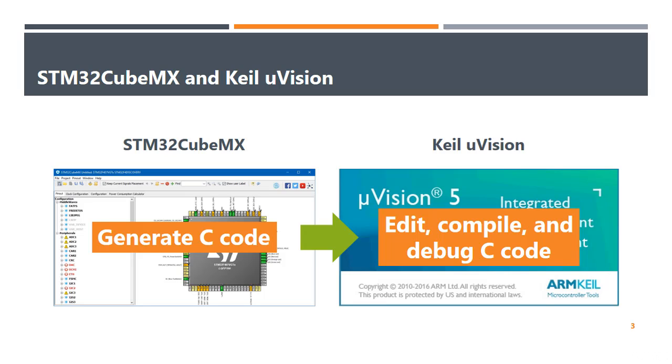Actually, this IDE can be used for all ARM microcontrollers, not only from ST, such as Atmel, NXP, or other ARM-based microcontrollers. So, I think it is a good investment to learn this IDE, because if in the future you need to move to another ARM-based microcontroller, you don't need to learn a new IDE again.